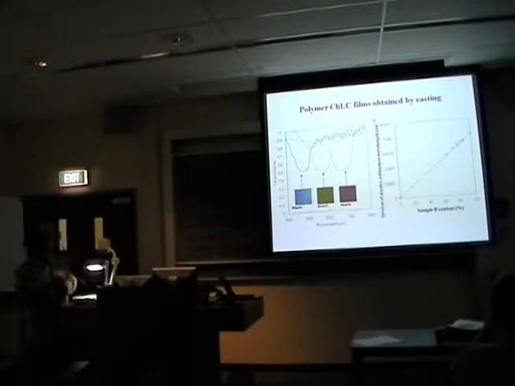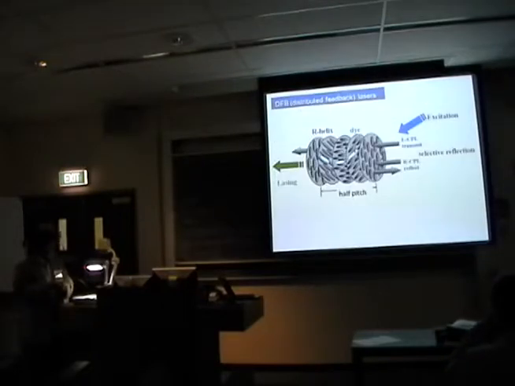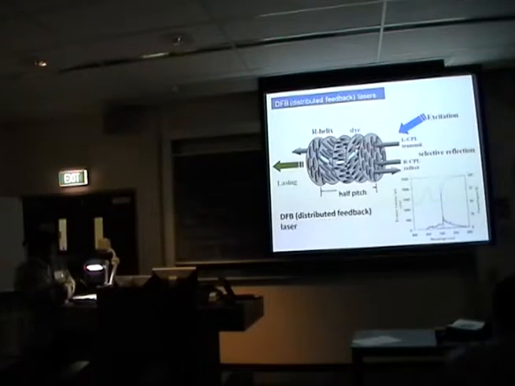And we can tune the helical pitch very precisely. So this is the sample we used, and this is the same as I showed before. We can make a distributed feedback laser this way. And this is one example of the lasing.